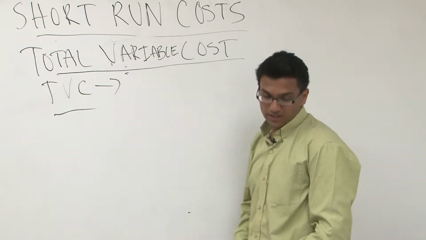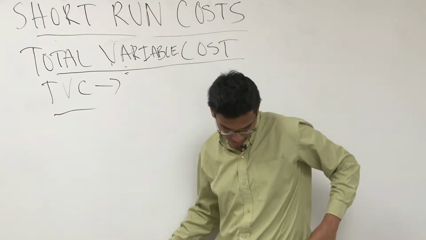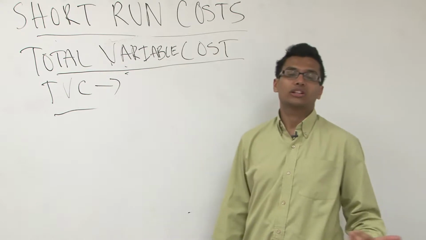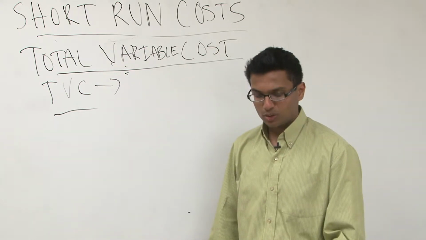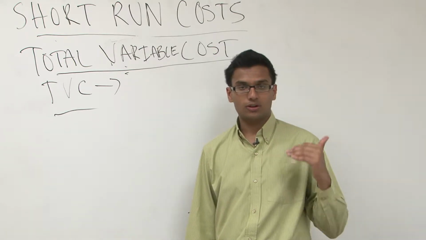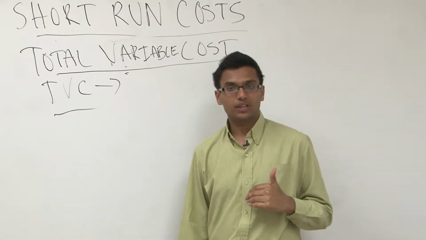TVC basically says it's the costs that change with the level of output. Pretty much the exact opposite of total fixed, right? So no matter what the output is, even if the output is zero, our fixed costs are not going to change. They are permanent.